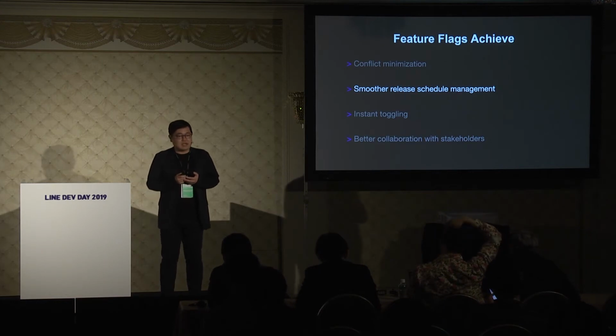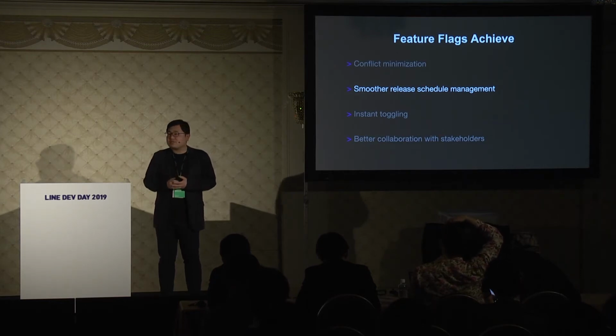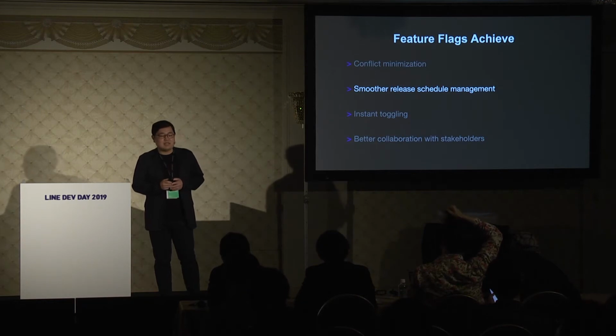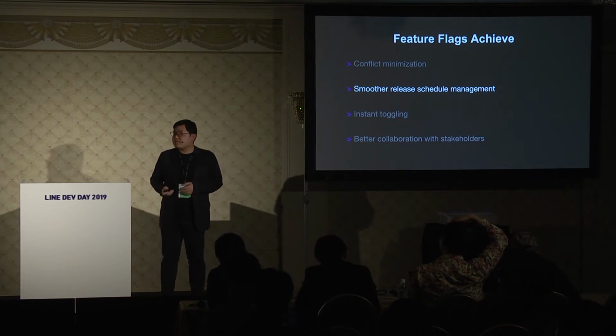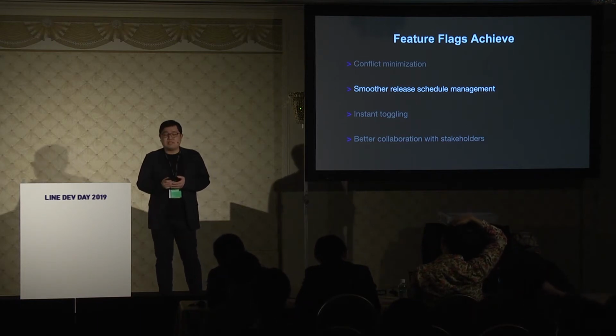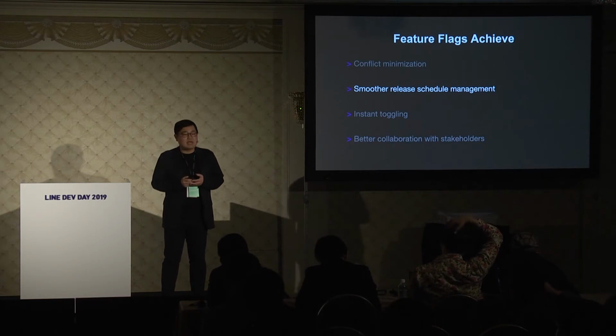Using the feature flag for the development, we developers can see the feature release schedule and the development progress situation separately. So even though the feature is complete, sometimes the release might be postponed, and we can handle that situation.